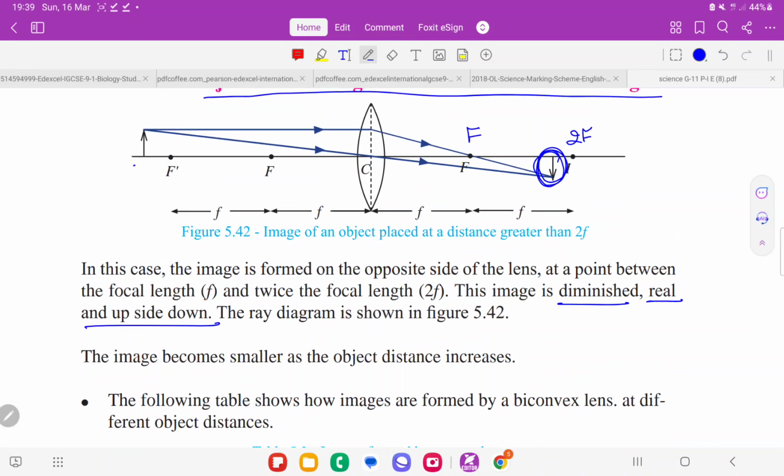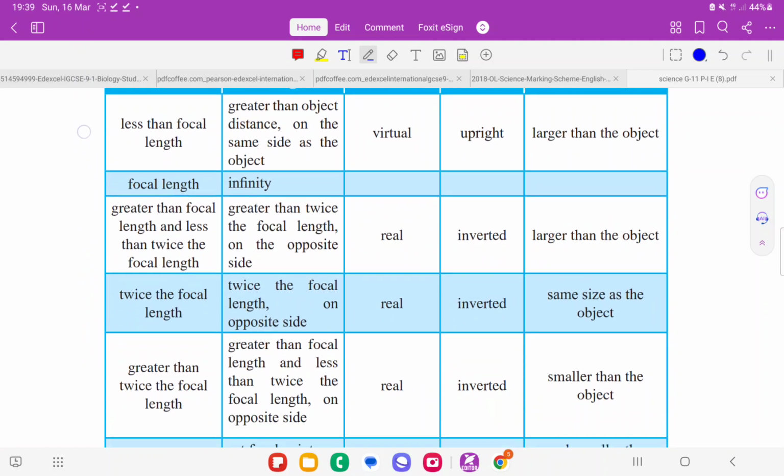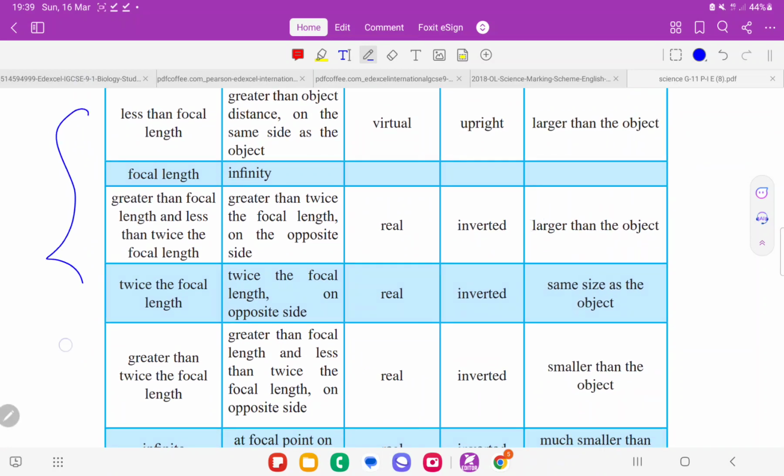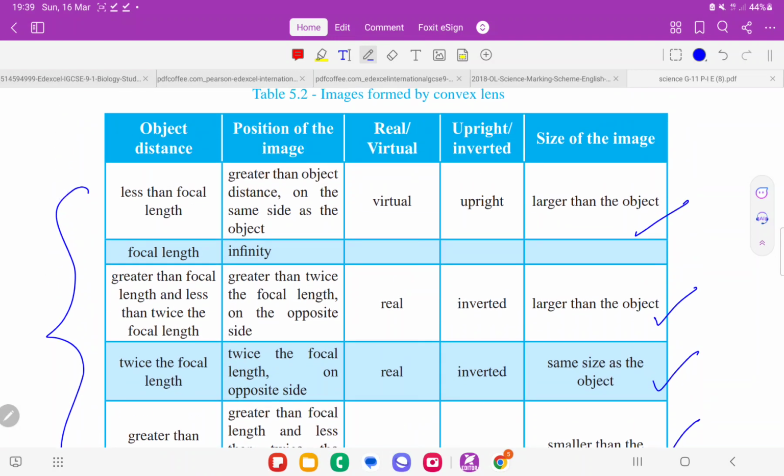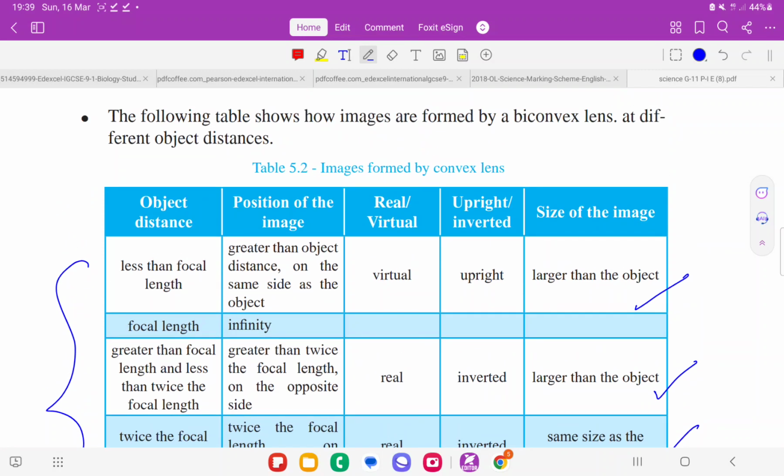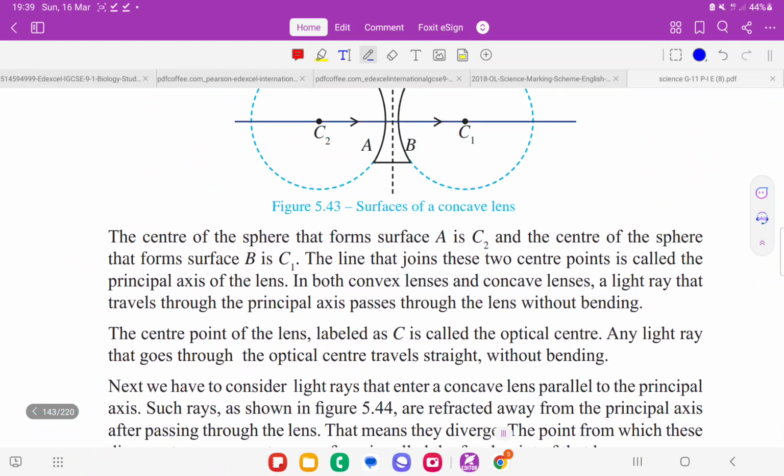Diminished means smaller in size. Real image, but it's inverted. Then you have a table, like for mirrors, so you need to write this down. Read and write, always read and write, then you'll get practice for this. So draw the diagrams and draw this table also.